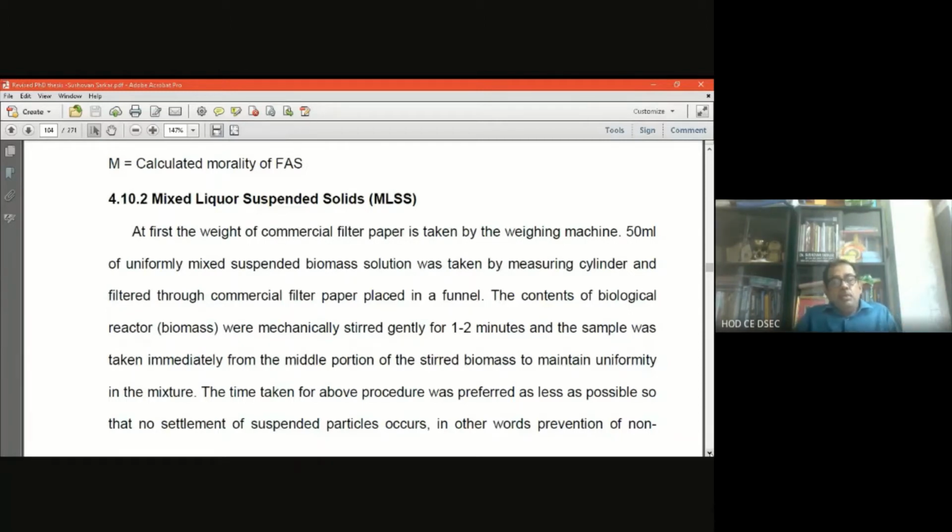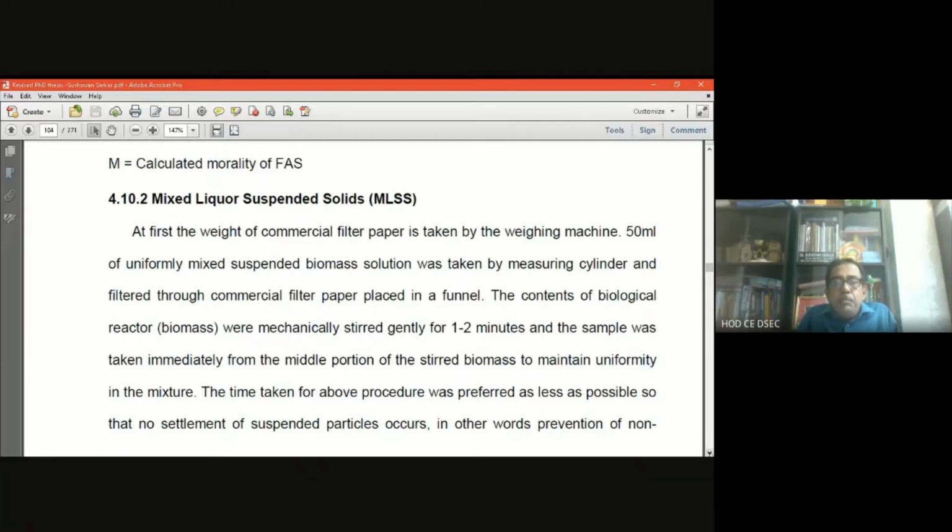First, you take a commercial filter paper and record its blank weight, which is W1, in a digital weighing machine. Then from the reactor, you collect the sample of which the MLSS has to be determined.